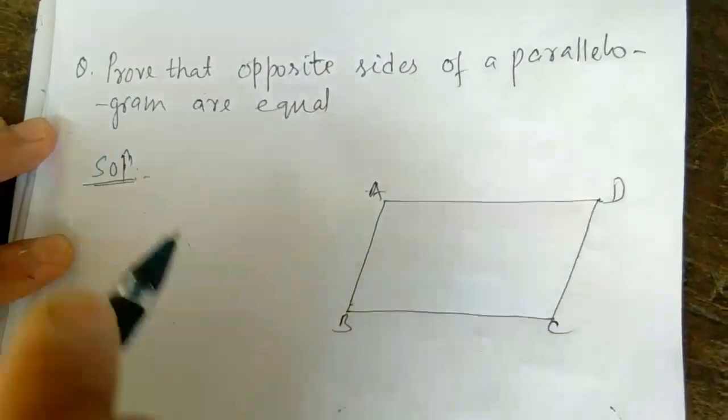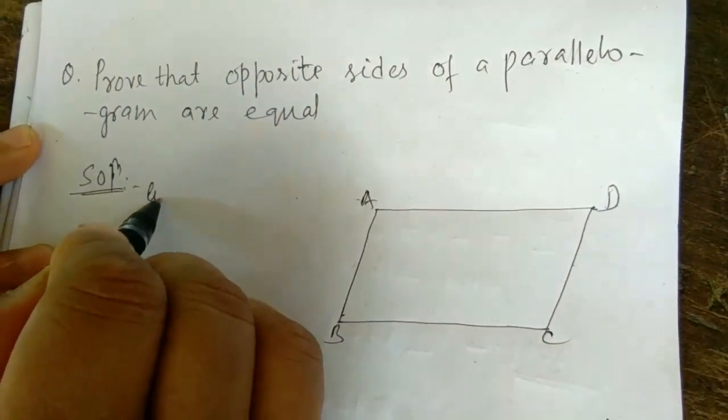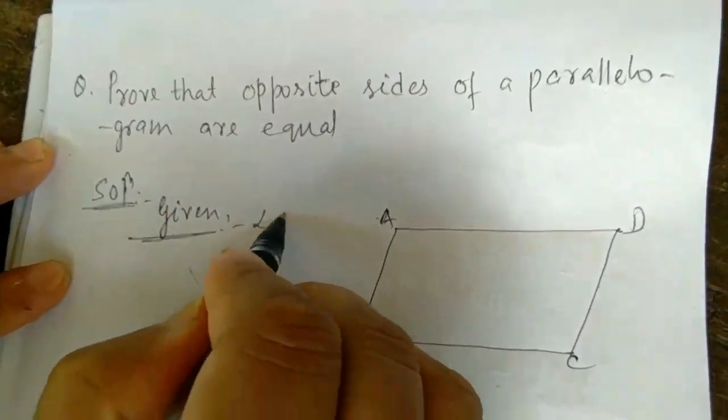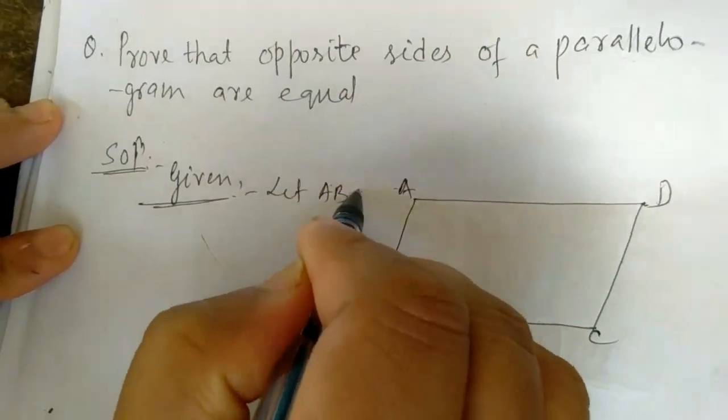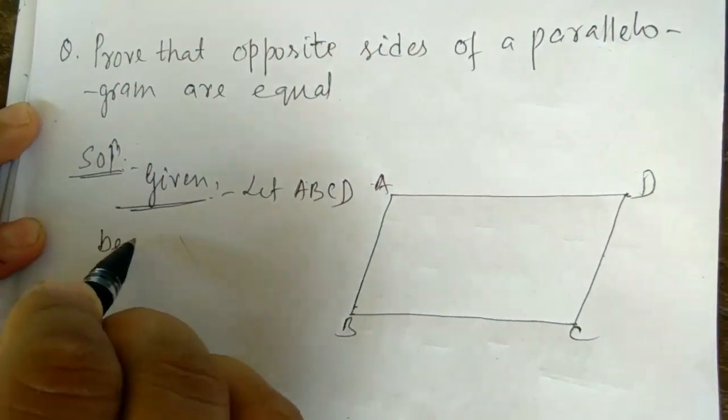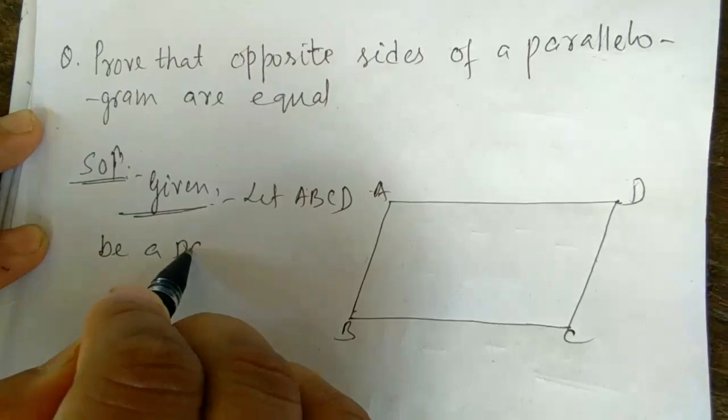Clear? So given, same as before, first write given. Let ABCD be a parallelogram.